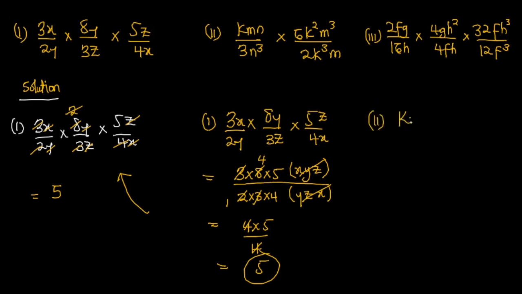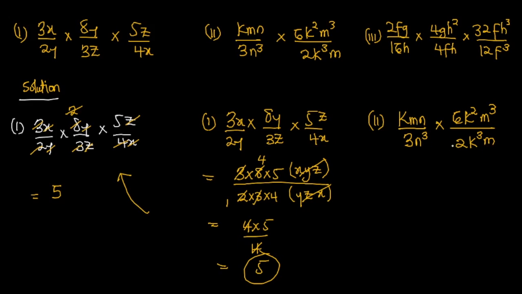So we have kmn on 3n cube multiplied by 6k squared m cube on 2k cube m. Alright, so as usual, we can go ahead and start cancelling some, maybe n here, m here, m here.